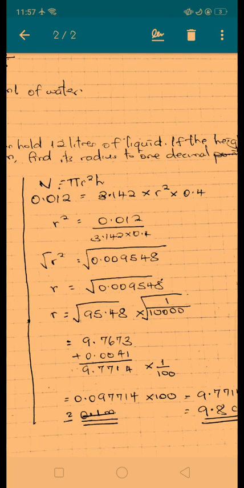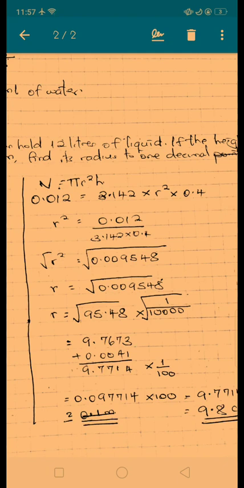I like it when you use 0.00 something, such that you should not be confused and maybe write 9.7673, then maybe say plus 0.0041. Remember that 41 should be added to the very last digits. So when you add, you get 9.7714.